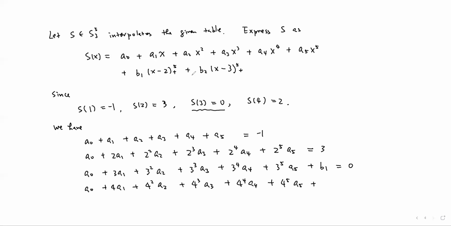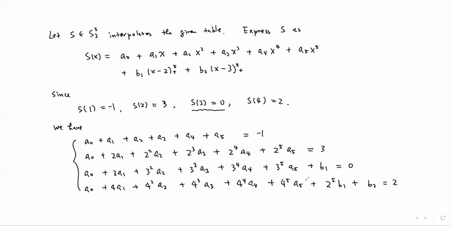And then, 4 is greater than 2, so the truncated power function is the normal power. 4 minus 2 to the fifth, so 2 to the fifth, B1. And then plus, the number 4 is greater than 3, so this becomes normal power. 4 minus 3 is 1, 1 to the fifth is 1, so plus B2. And it's equal to 2.